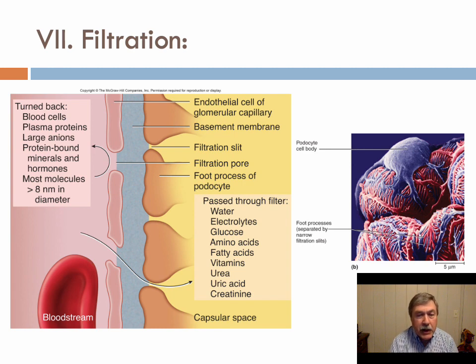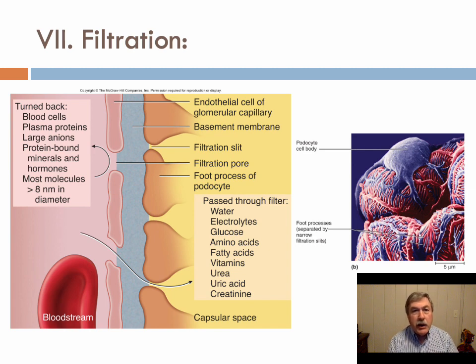The basement membrane will only allow molecules smaller than about 8 nanometers to pass through, so that prevents most proteins, all but the very smallest peptides, from passing through. Then finally you have the slit pores, which are the thin spaces between the pedicels of the podocytes. Those slit pores only allow molecules that are smaller than 3 nanometers to pass through, so that forms the very finest filter.